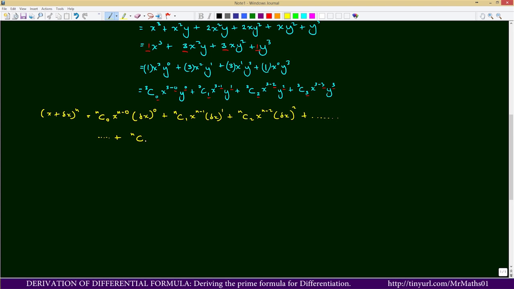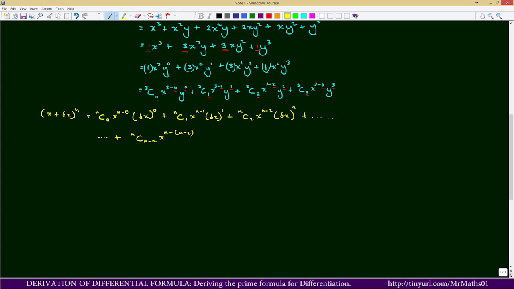Alright, and nC(n-2), multiply that with x to the power of 2, and minus what? Okay, n minus 2 must be the same as the exponent on this one, so n minus 2, what is that? Well, that is the same as 2.